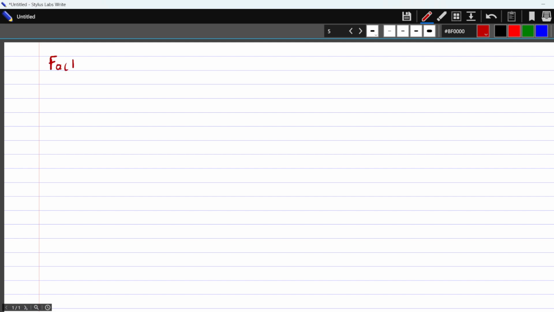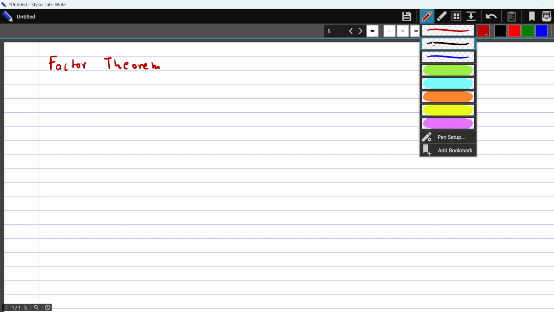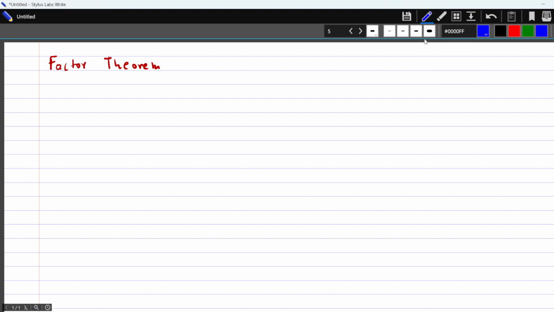Factor theorem, which states, as I said, that the polynomial f of x has a factor, let's say x minus k, if and only if f of k equals 0.